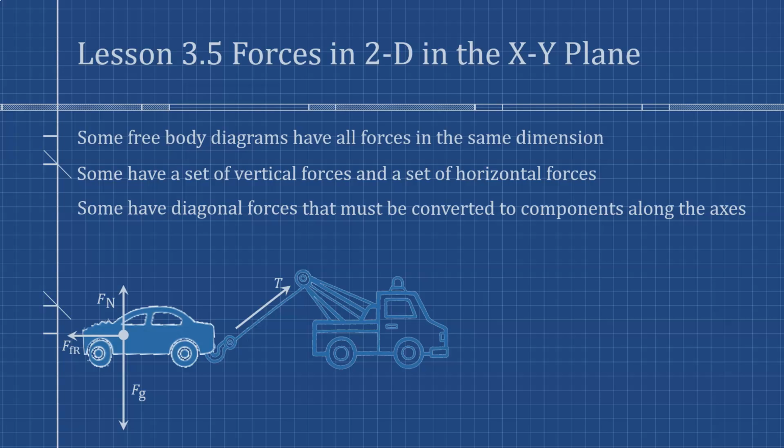And tension forces are only ever able to apply forces in the direction of the cable. So because the cable is pointing up at an angle, we need to include that tension force in our diagram at that same angle. So this is the tension force that's acting on the car. And if I were to do a vector sum of these forces, I would find that these forces add up to zero, a zero net force.